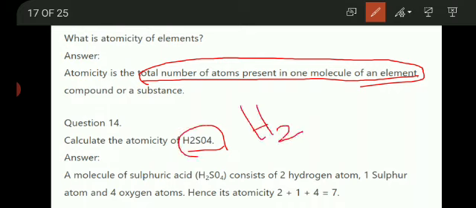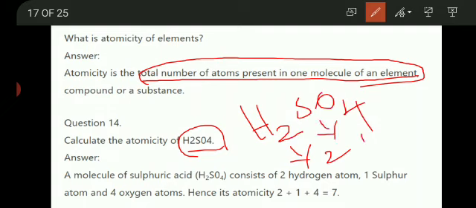H2 you have to write in subscript, and SO4 also you should write in subscript. A molecule of sulfuric acid H2SO4 consists of 2 hydrogen. How many hydrogen, students? 2 hydrogen. H2 means 2 hydrogen. 1 sulfur. You see 1 sulfur plus 1. And 4 oxygen. So how many oxygen here? 4 oxygen.